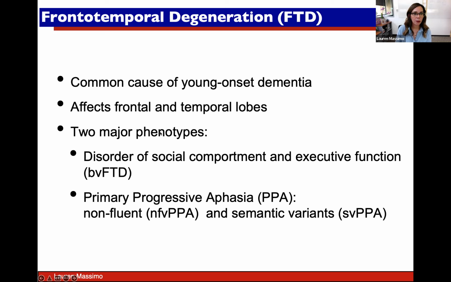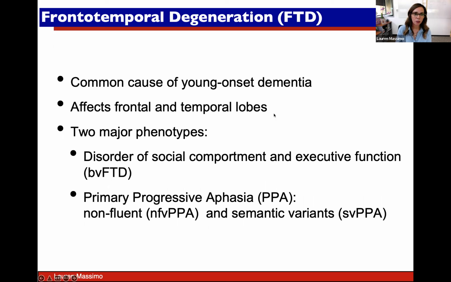So there are two major phenotypes. One is a disorder of social comportment and executive function called behavioral variant frontotemporal degeneration, where individuals with BVFTD present with prominent changes in their personality, things like severe apathy, disinhibition, compulsive behaviors are common in BVFTD.